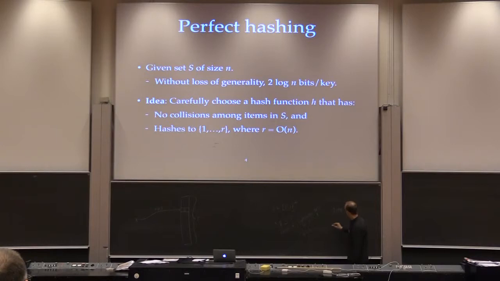So now, what we need is just a function that maps S star, the set of bit strings that have distance at most 1 to something in S, and maps it to 1 through w.